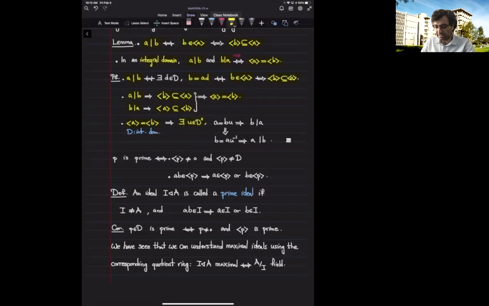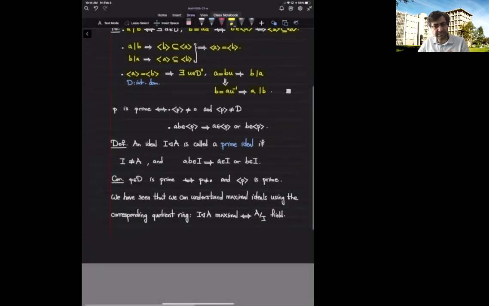So there exists a unit U such that A is B times U, but when A is B times U, that means A is a multiple of B, so B divides A. But U is a unit, so I can multiply both sides by U inverse. I get that B is A times U inverse, and that means this time B is a multiple of A, which means A divides B. So we get this understanding of divisibility in the language of ideals.